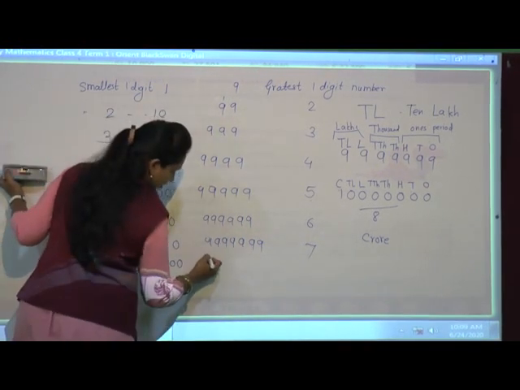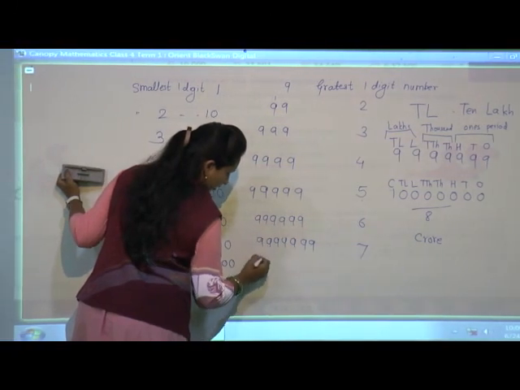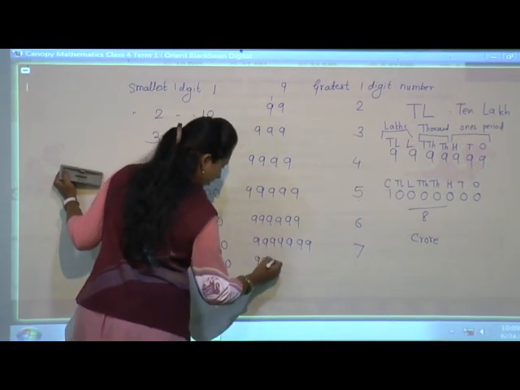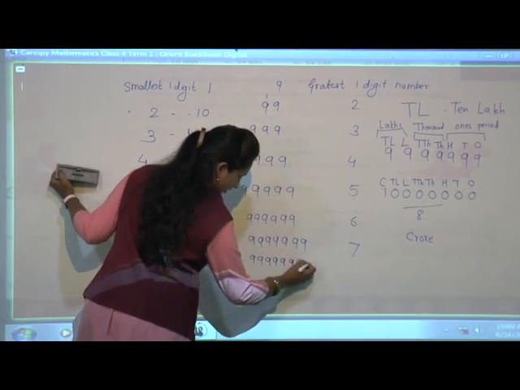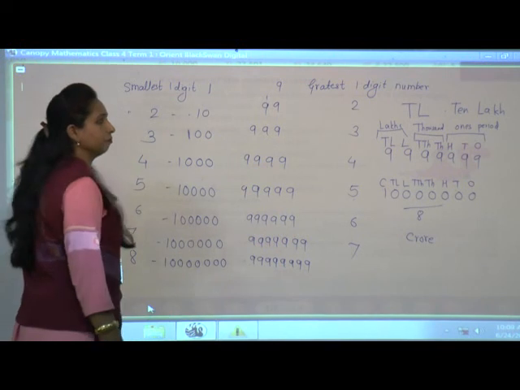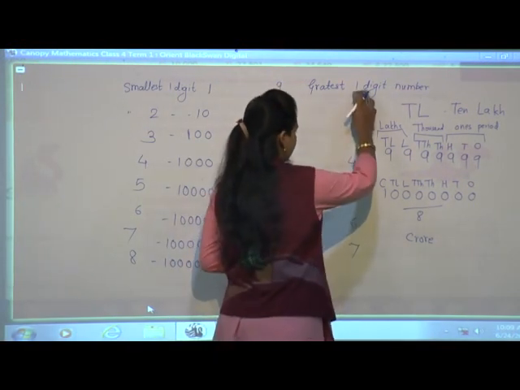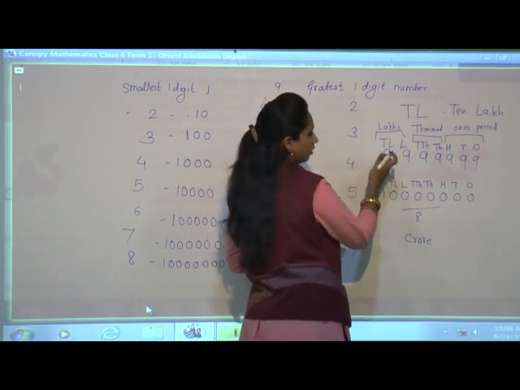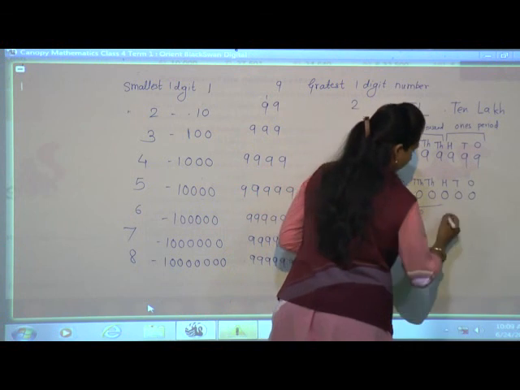Now we will see the largest 8 digit number. The largest 1 digit number is 9. So in the same way repeat 9 eight times.